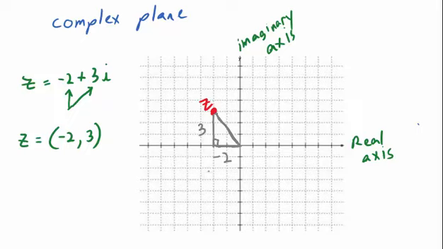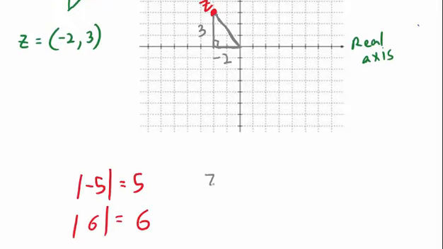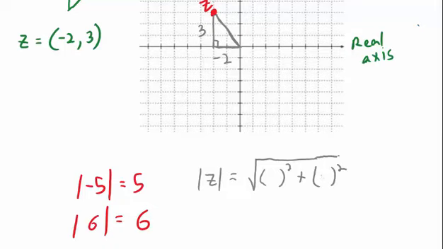So how could we find what we're about to define as the absolute value of z? Well, we're going to take the square root of something squared plus something else squared. So fill it in for me. What do we get? Negative 2 there and 3 there.